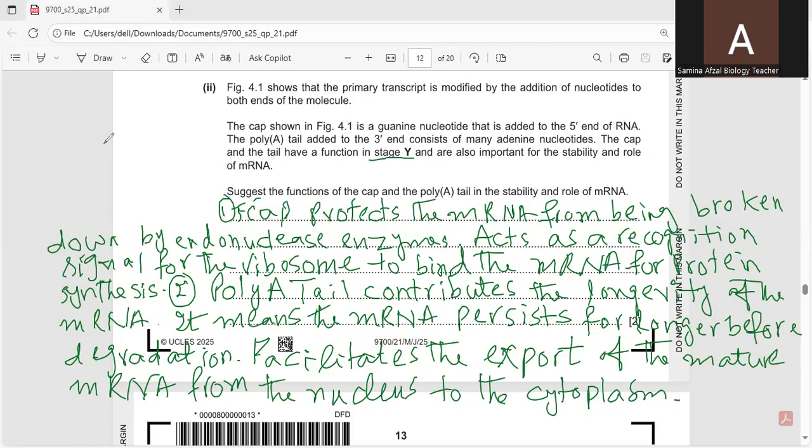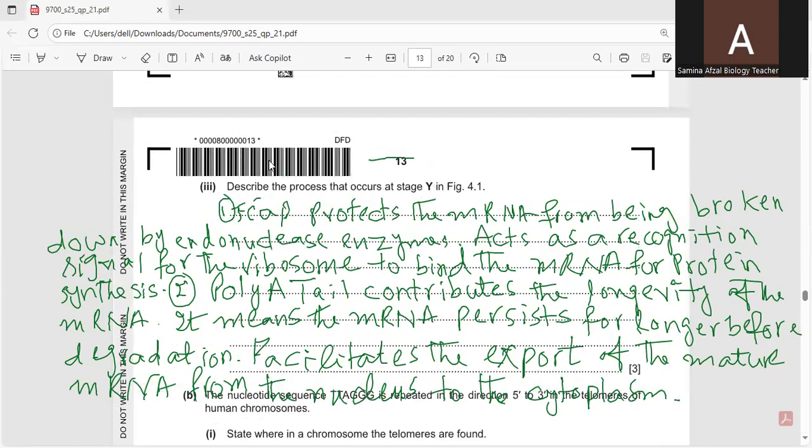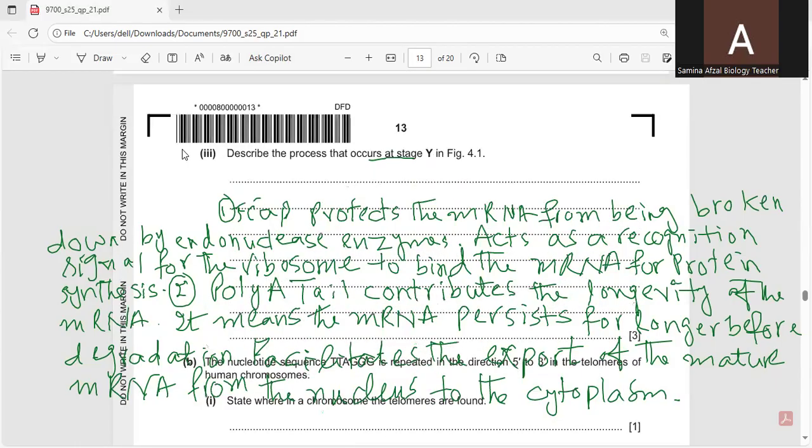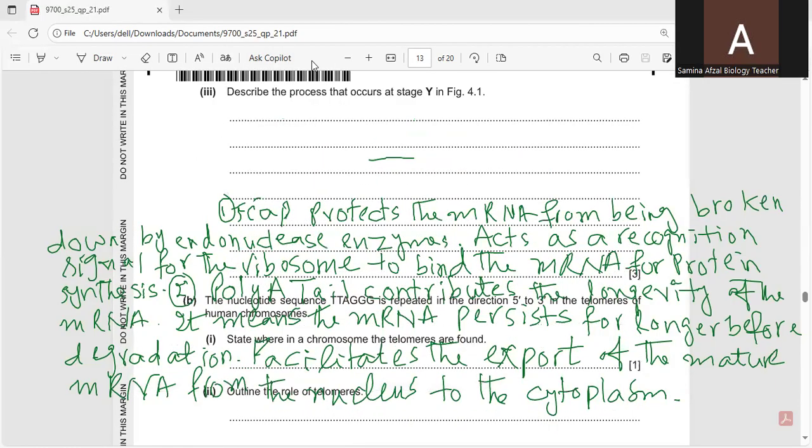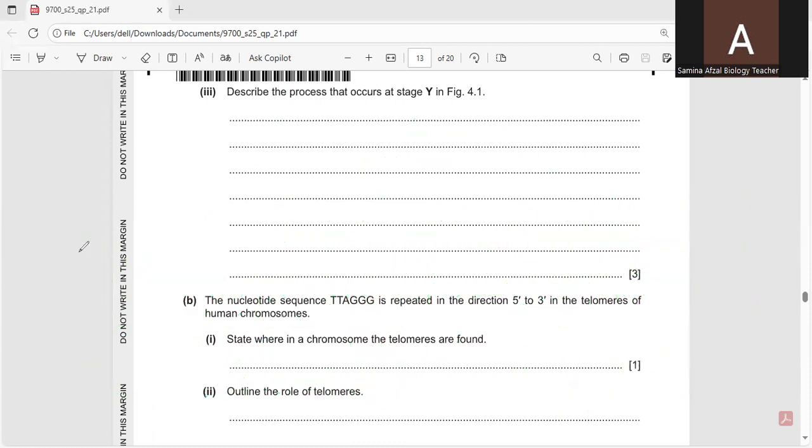So in this way, both of these modifications play a very crucial role in translation, or simply, the process of protein synthesis. Next question: describe the process that occurs at stage 5. I already told you the process of splicing takes place at stage 5 in figure 4.1.